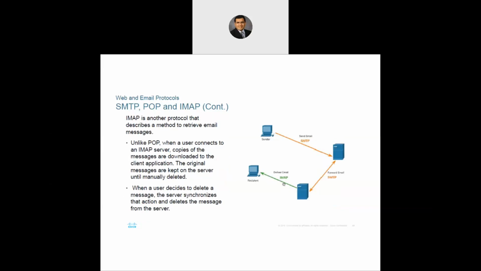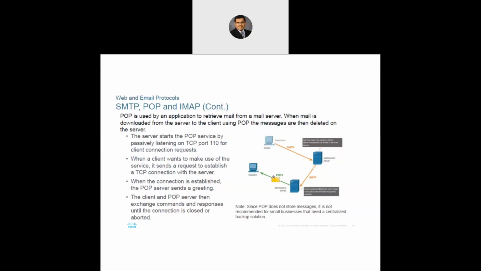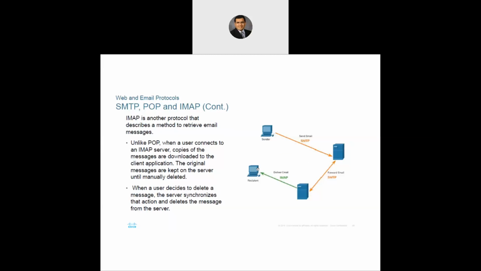See, what happens is with POP3, when you download the email from your server to your computer, it moves all the email to you. That means it deletes all the email from the server and puts it inside the recipient. What does IMAP do? It just makes a copy and puts it on your computer.